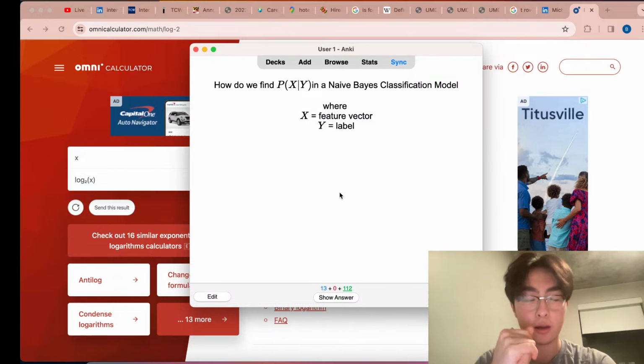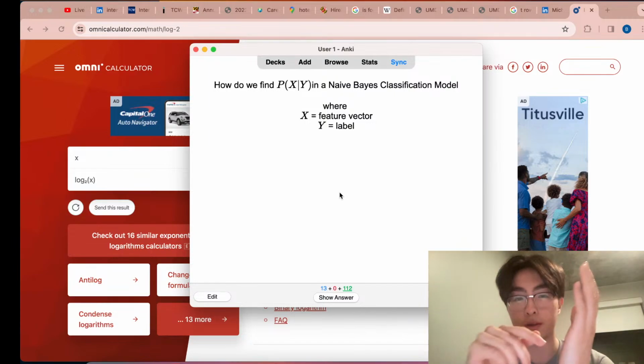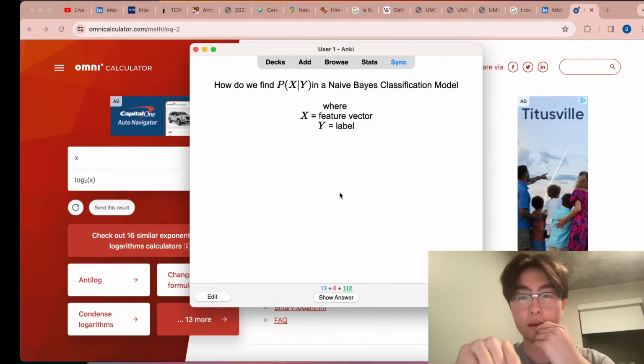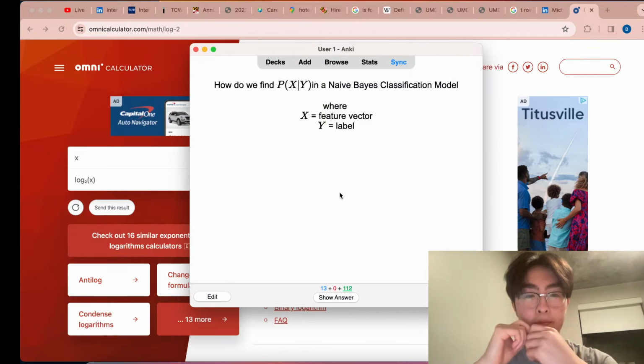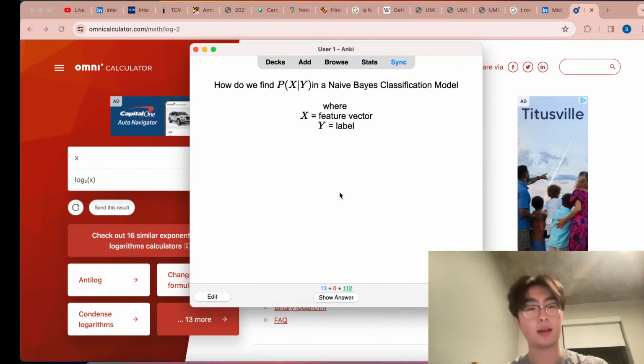And so what we classify something as is, let's say, the probability of y given a feature vector x. So that's our model. We're trying to find the max probability, let me backtrack here.